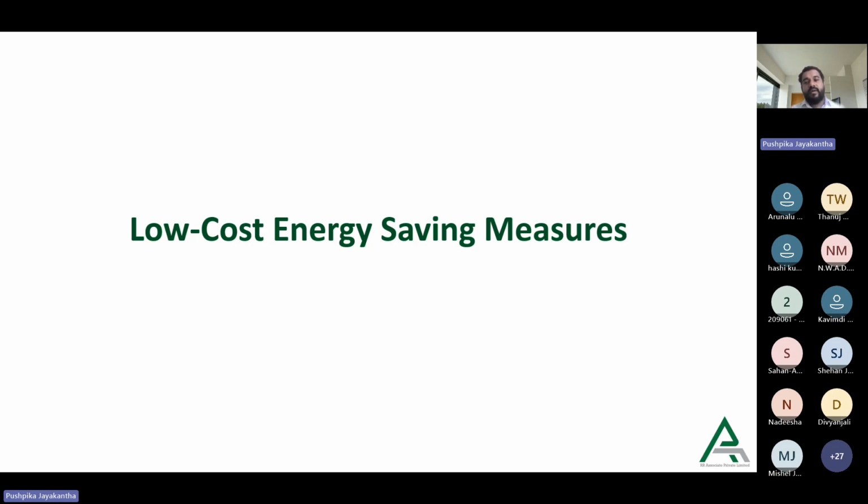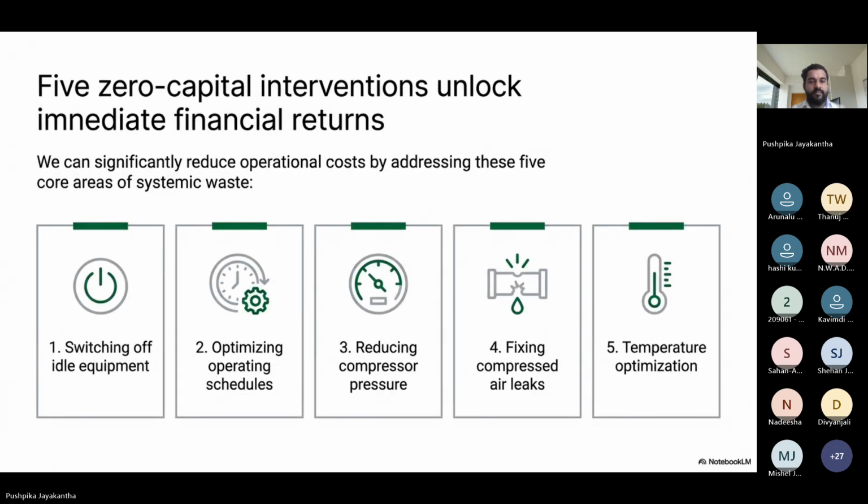Instead they focus on improving how existing systems operate. Energy audits frequently reveal that many industrial facilities waste energy due to simple operational issues. Here we have selected 5 options: switch off idle equipment, optimizing operating schedules, reducing compressed pressure, fixing compressed air leaks, and temperature optimization.